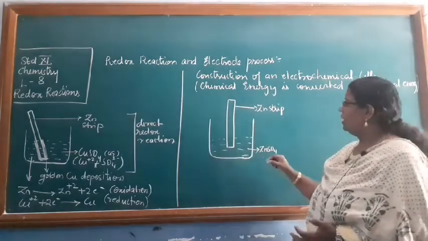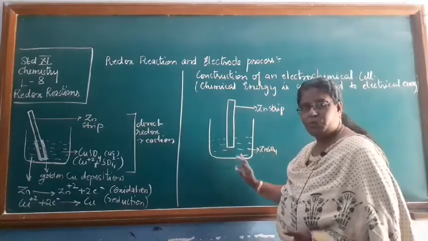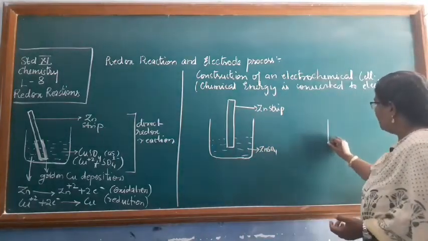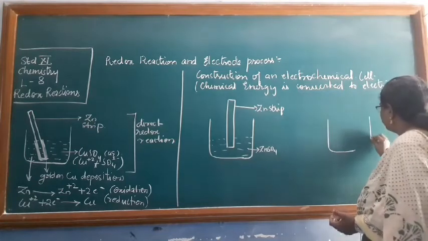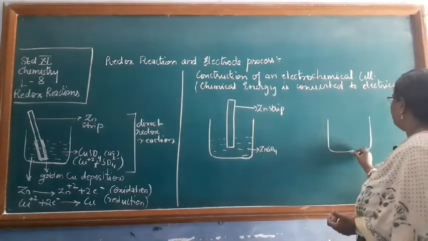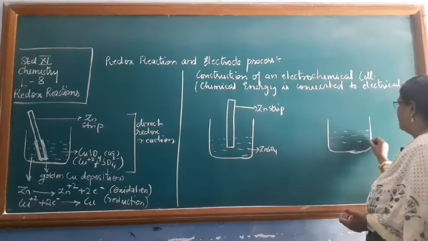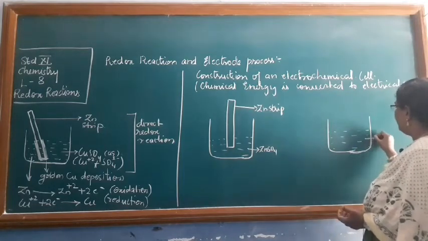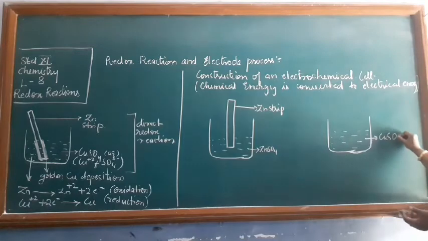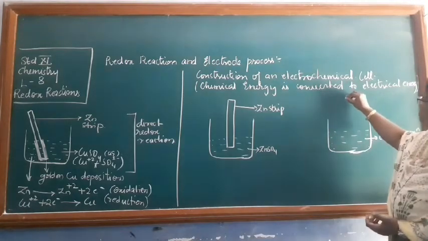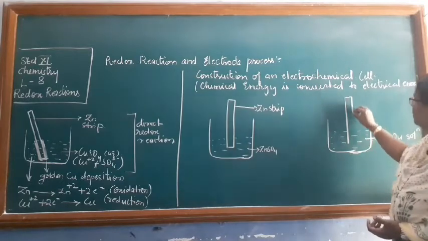So this is how you keep your zinc. And for copper, you take another vessel, and in that vessel you take copper sulphate solution, CuSO4 solution, and in this copper sulphate solution you will place the copper strip.